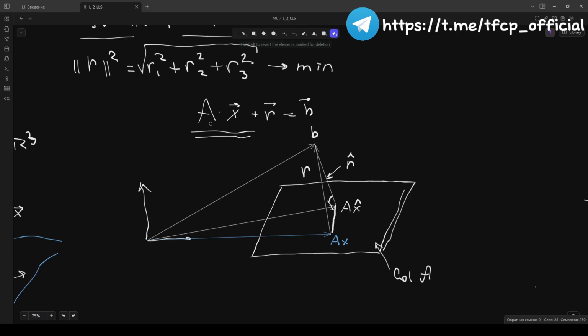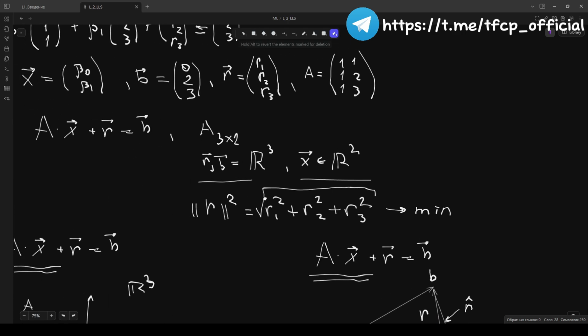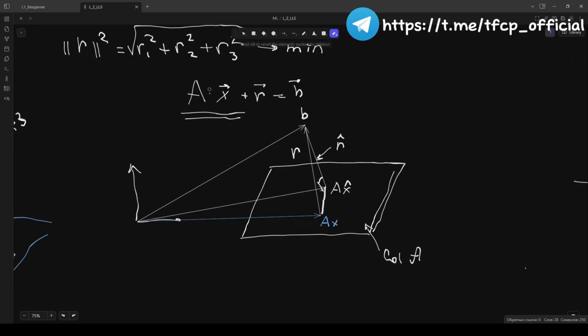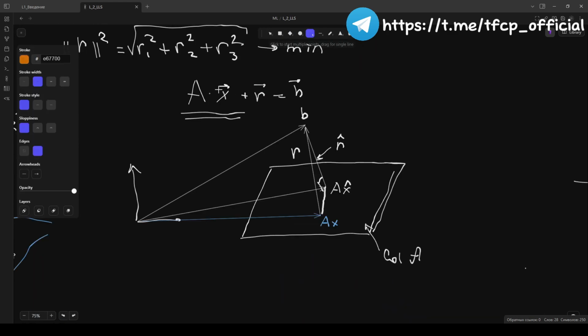But as I already mentioned, this system has many solutions depending on which vector r we take. How are the vector x and the vector r related to each other? I take some specific solution, that is, the vector x, which consists of two numbers beta 0 and beta 1, and substitute them here, and I get some vector Ax, which lies within this plane.